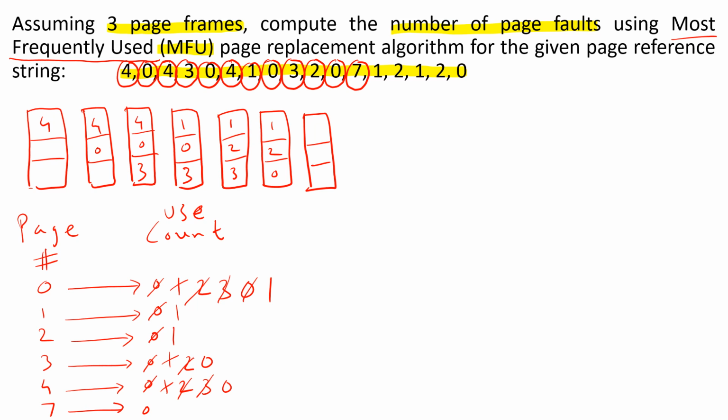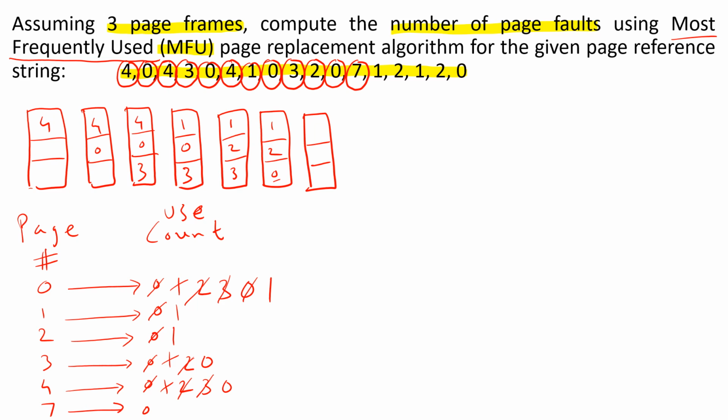Now if you look at this, 0 came over here, 2 came over here, and 1 came over here, right? So which page was taken into the main memory first out of 1 2 0 is 1, right? Because right now, whichever pages are there in main memory, you have to see.